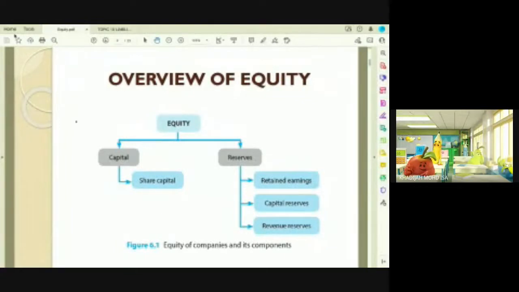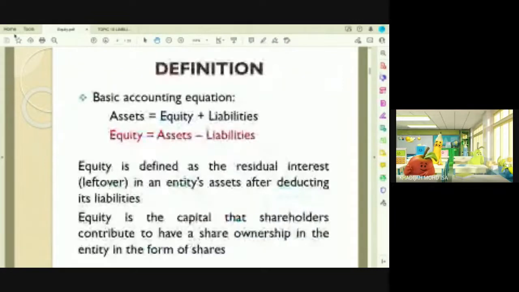So capital, we have share capital, and normally you see retained earnings. Later you will see what a capital reserve is, and we also have the revenue reserve. So the definition is that asset equals equity plus liabilities, or putting it the other way around, equity equals asset minus liabilities. So you will have equity when your asset is more than your liabilities.